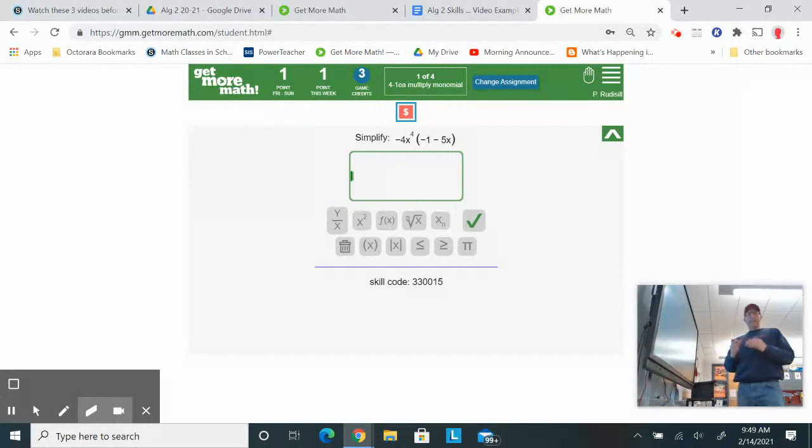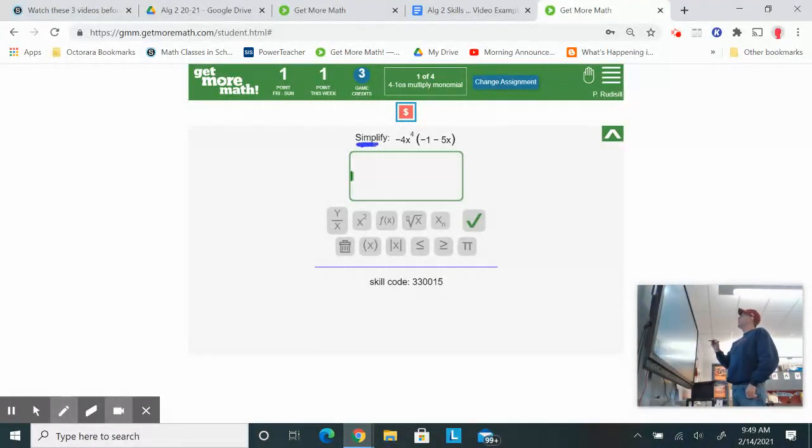So let's take a look at the next example. We're going to simplify this expression, where we're multiplying a monomial times a binomial. Negative 4x to the fourth times negative 1 makes a positive 4x to the fourth.